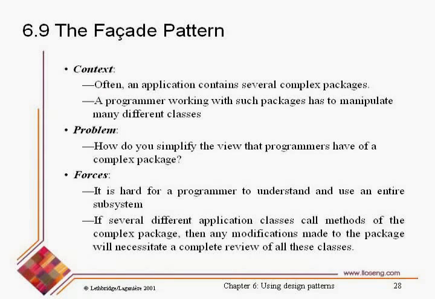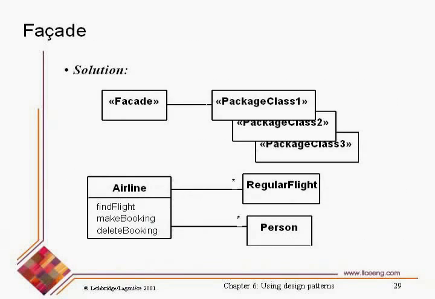So as always, the forces are these qualities that we're trying to achieve in our design. So the facade then is a class. Okay, we see the class here which interacts with a bunch of packages. This notation in UML, where you see overlapping classes like this, overlapping boxes, means that whatever connects to all of them.